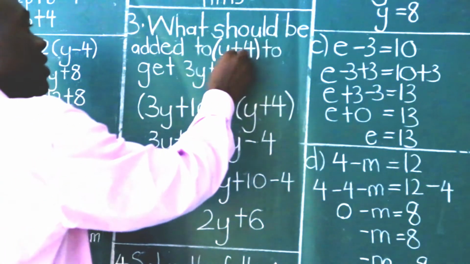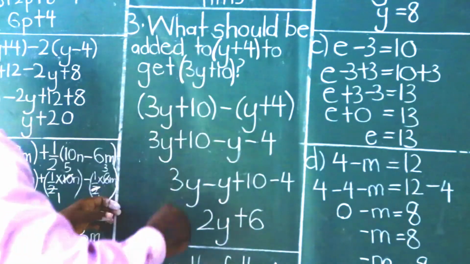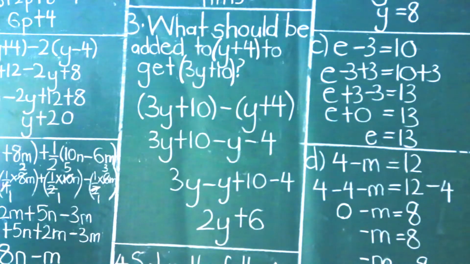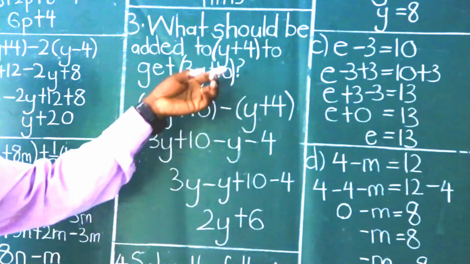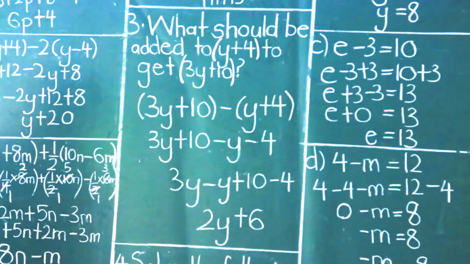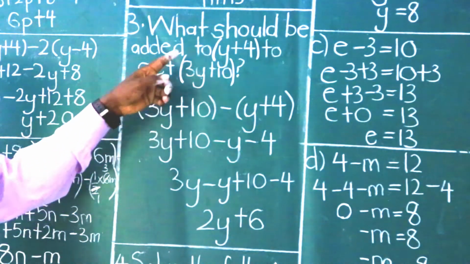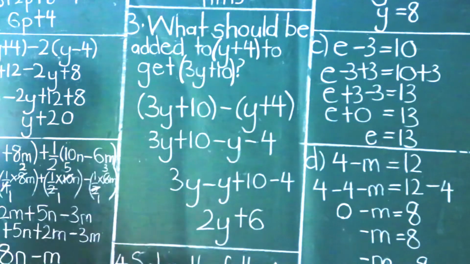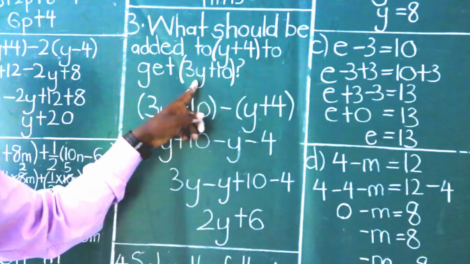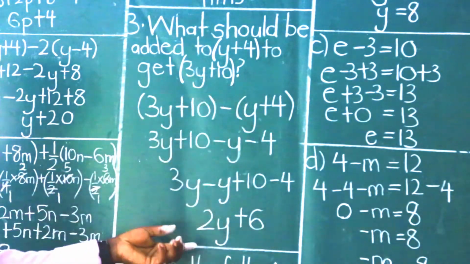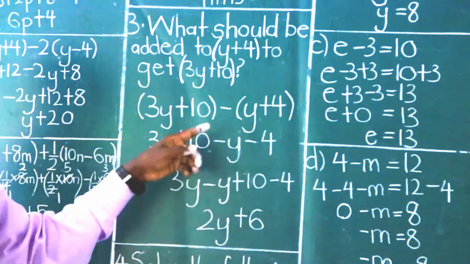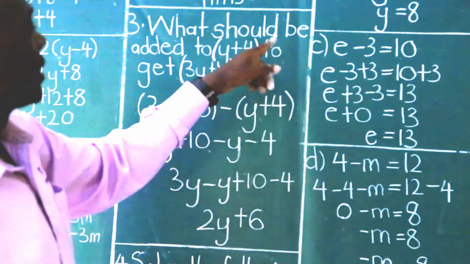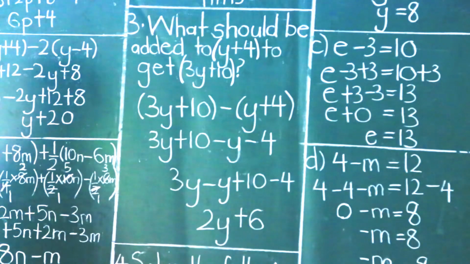Don't forget the brackets. After putting them in brackets, change the order, where the last one begins and the first one ends. So 3y plus 10 in brackets must be written first, then minus the other, y plus 4.